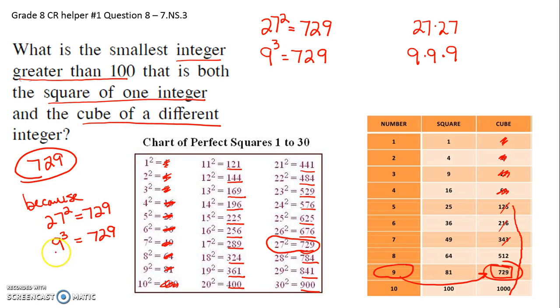So it's the cube of 9, and the square of 27 gets you to 729. So 729 is your answer.